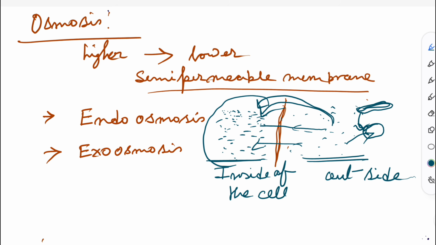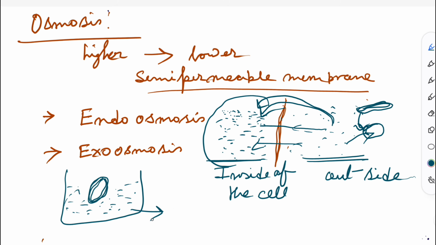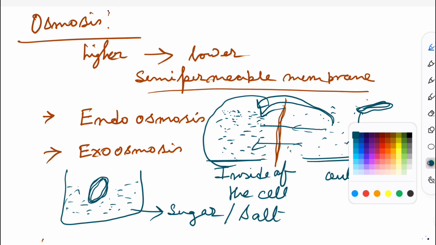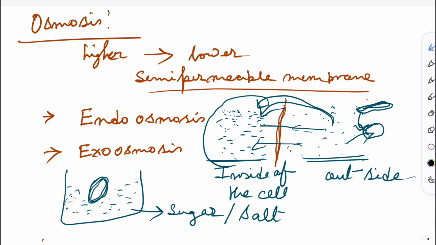Like if you take a grape and you put it in a very highly concentrated sugar or salt solution, here the concentration is too high.